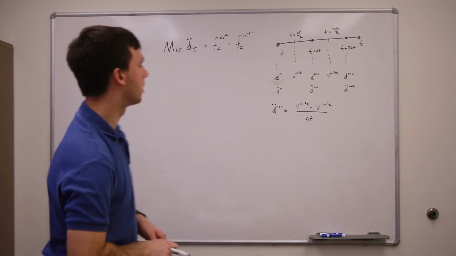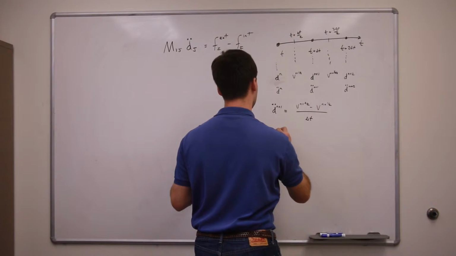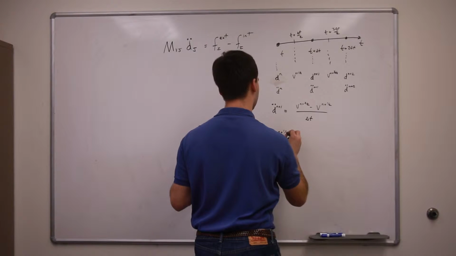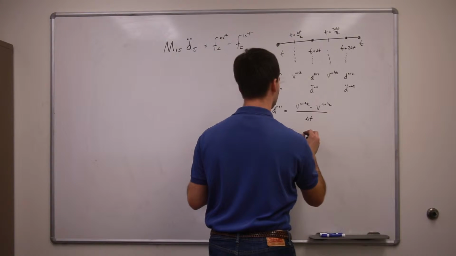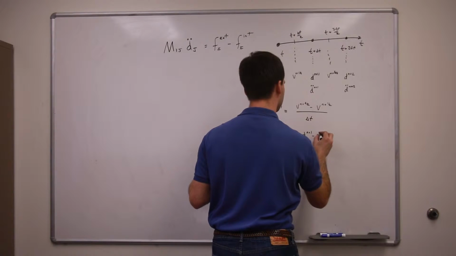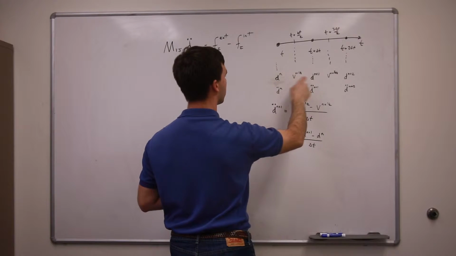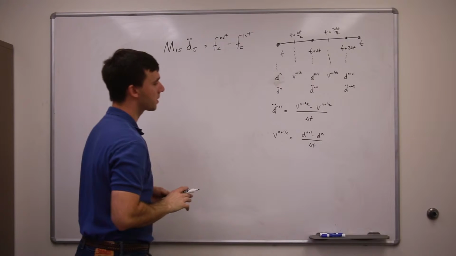And so then I can also write that v of n plus 1 half is equal to d of n plus 1 minus d sub n over delta t. And so here I'm taking a central difference from step 1 to 2 to get v at the half step.